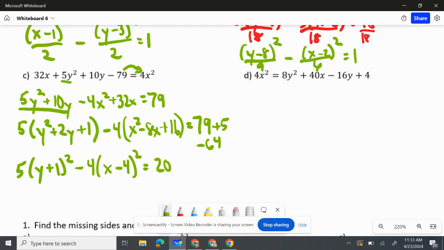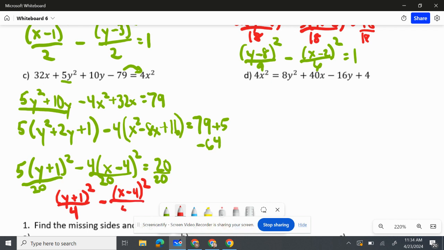Then I'm going to divide each side by 20. And that gives me a final answer of y plus 1 squared over 4 minus x minus 4 squared over 5 equals 1.